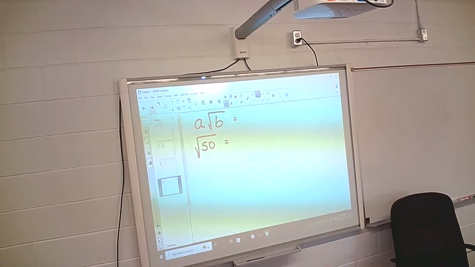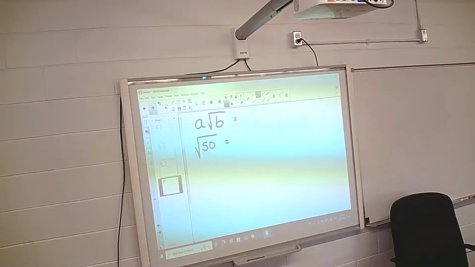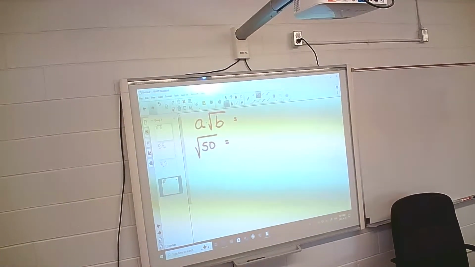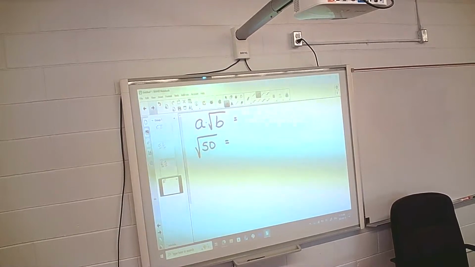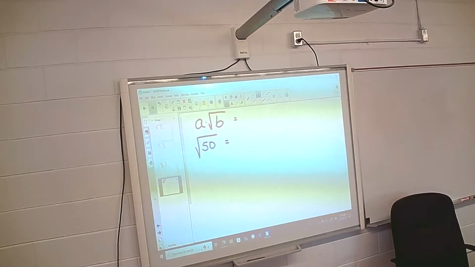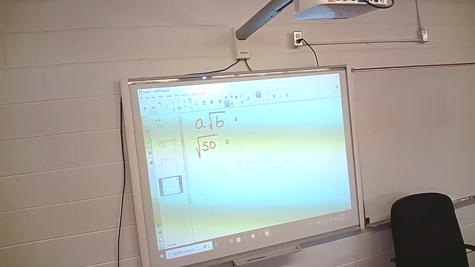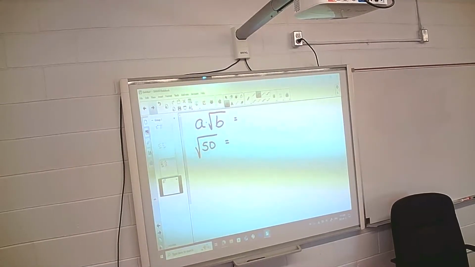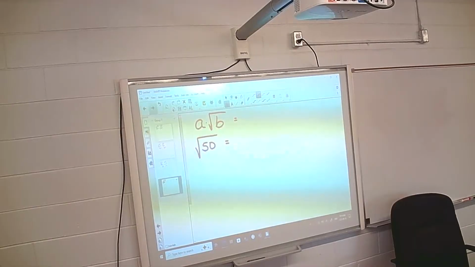No, it's not. So I gave you a list on the first day of all the perfect squares and all the perfect cubes. This is where it's going to come into an advantage for you if you really know that well. What I need for you to do right now is tell me the largest perfect square that divides evenly into 50. 25.